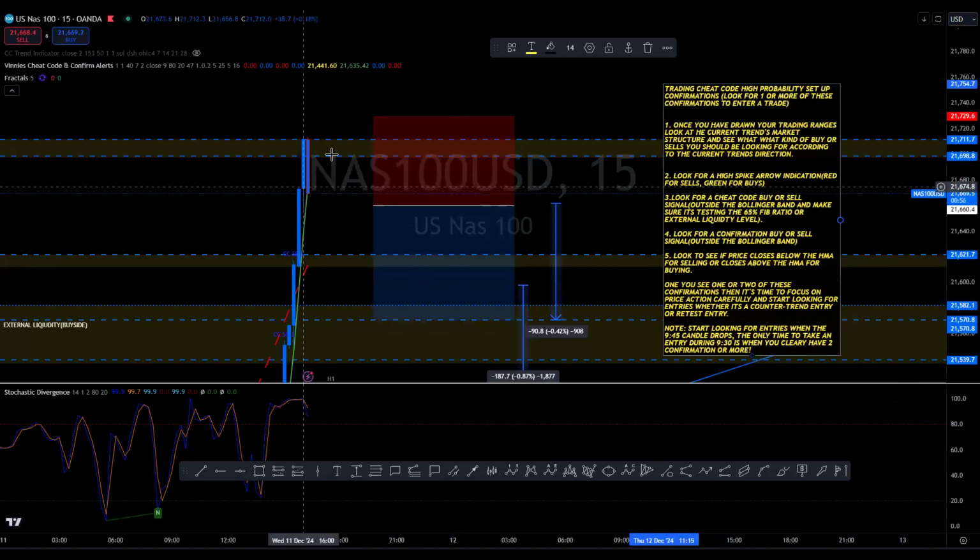So it's 10:29 now. We got a sell signal, but we'll see what the second candle does.